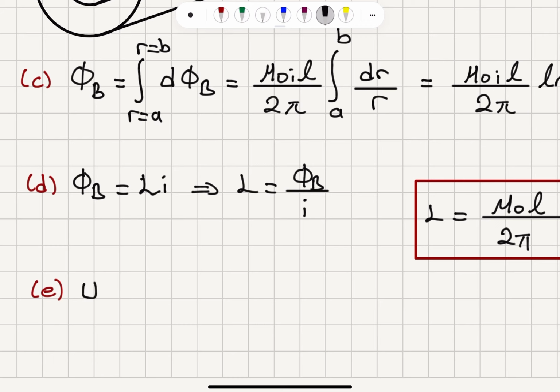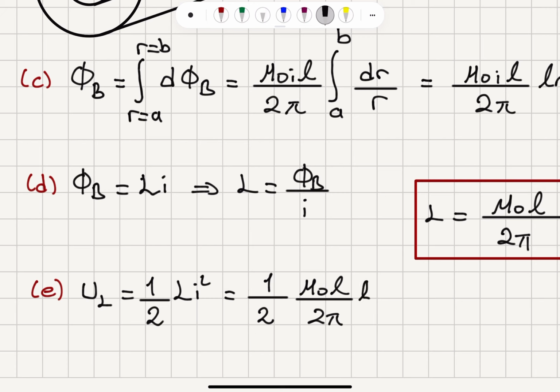The energy stored is 1 over 2 Li squared, which is 1 over 2 the inductance, mu 0 L divided by 2 pi natural logarithm B over A, multiplied with I squared.